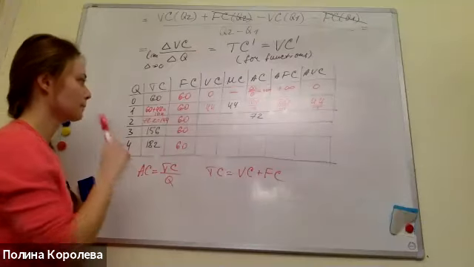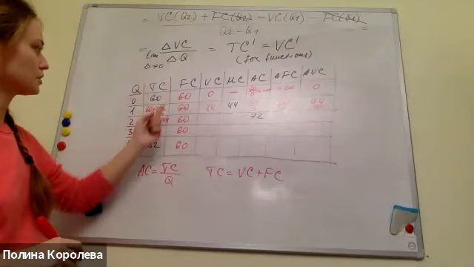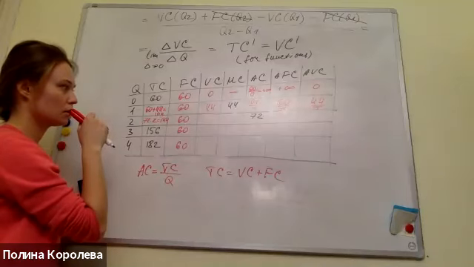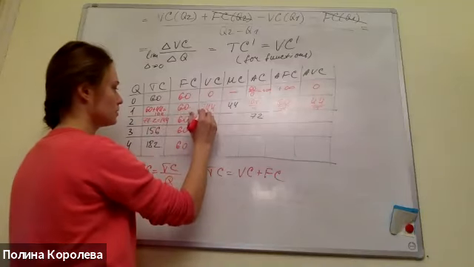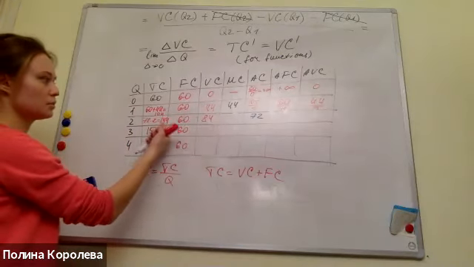Wait, no. 144 is the total cost. We have fixed cost 60, so the variable cost is how much? 84. So 84 plus 60 is total cost 144.